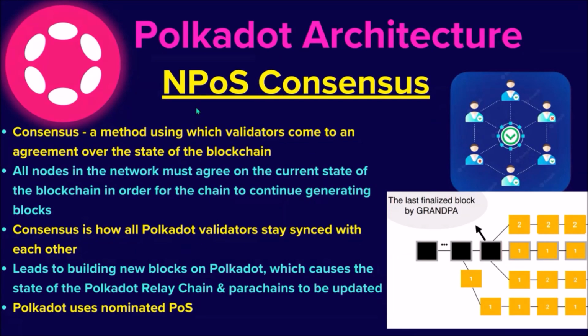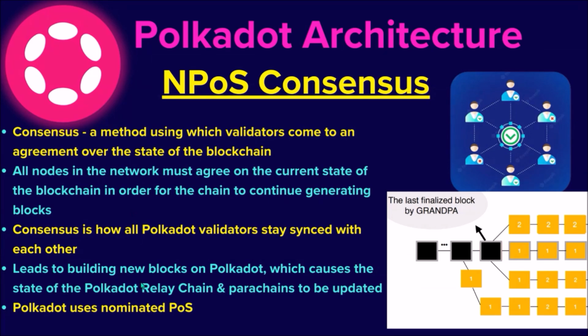Another fundamental part of Polkadot's architecture is consensus. Consensus is basically a method using which validators come to an agreement over the state of the Polkadot relay chain. In general, in order for any blockchain to continue generating blocks, all nodes in the network must agree on the current state of the blockchain and come to a consensus. So consensus is the way how all Polkadot validators are able to stay synced with each other and agree on the shared state of the Polkadot relay chain.